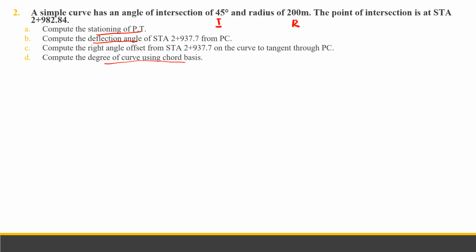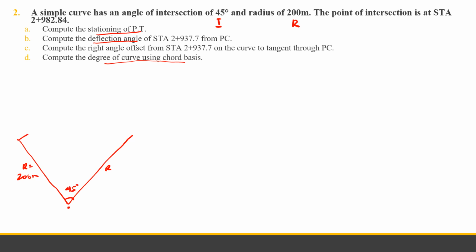So bago mag-start yung mga problem, you'll have to draw muna, say kung example, yung ENS 161, mag-draw ka muna ng free body diagram to guide you sa magiging computation mo. So dito, i-draw natin yung figure ng curve natin. So say, meron tayong curve with radius 200. So R, central angle I, which is 45 degrees.